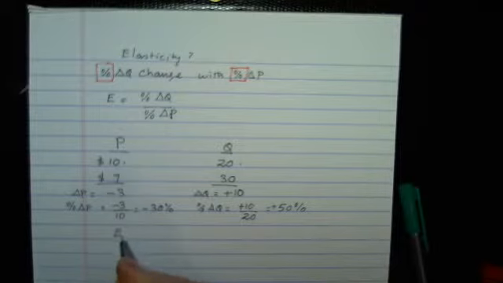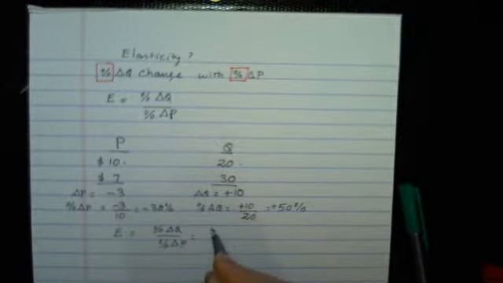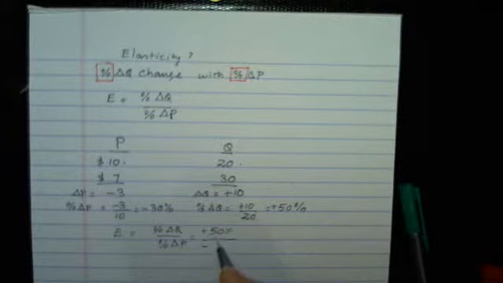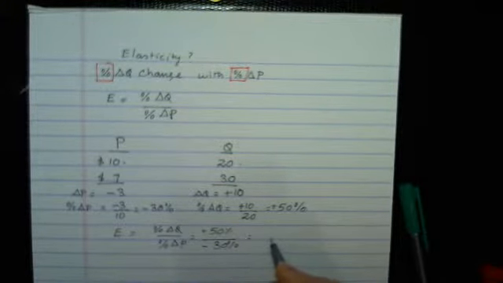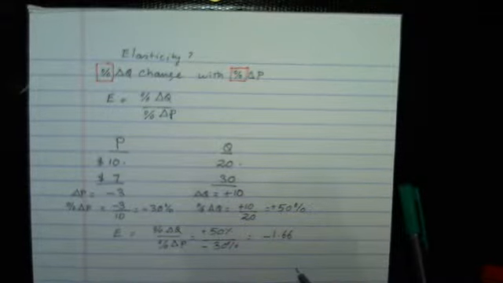So elasticity by definition is percent delta Q divided by percent delta P, which is equal to plus 50% divided by minus 30%. That's about minus 1.66. So this is the elasticity of demand.